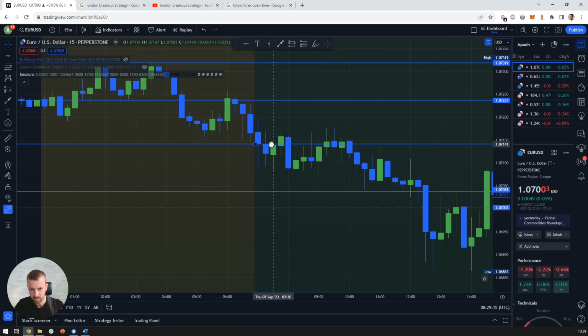Let me just show you. Entry point would be here, and there's no stop loss. No, we won't be stopped out, but our take profit would be reached. So this is actually where we closed that trade with a profit.